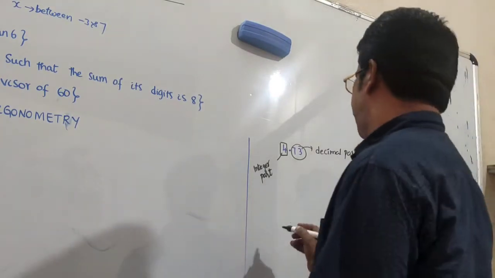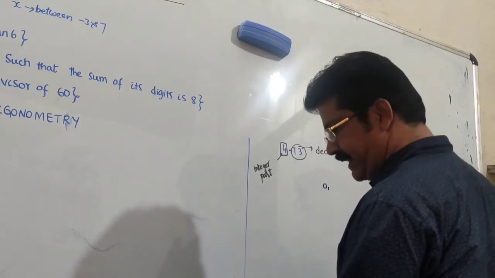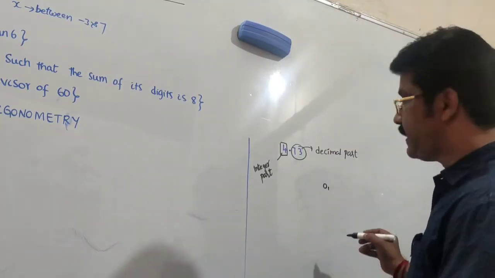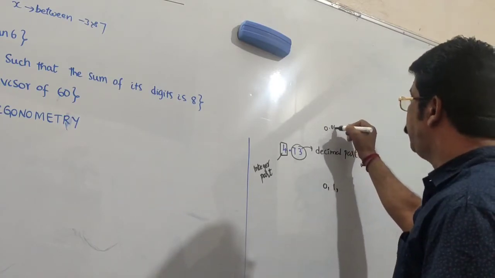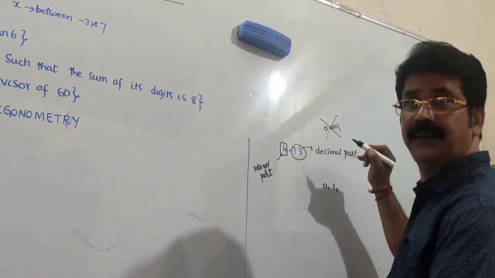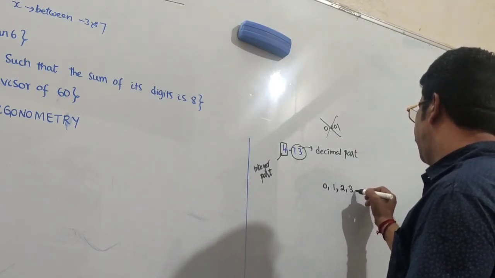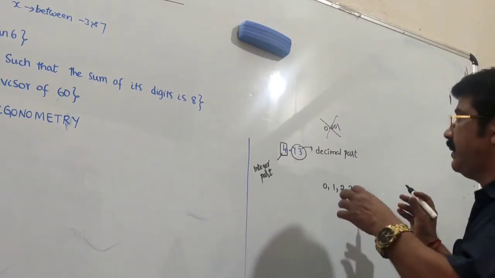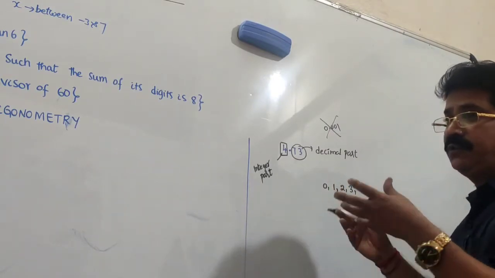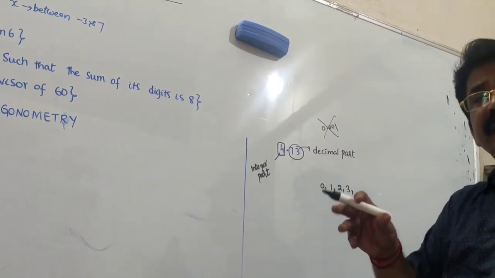Next, integer. Actually, 0 is called integer. 0 is integer. 1 integer. 0.001 is not integer. 1, 2, 3 is an integer, not 3 point something. It means the number which does not contain the decimal part is called the integer.